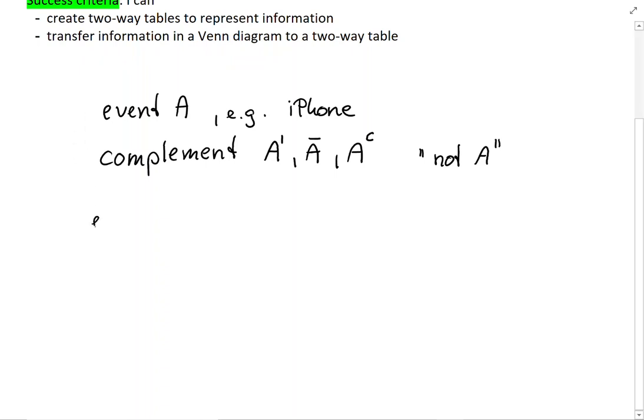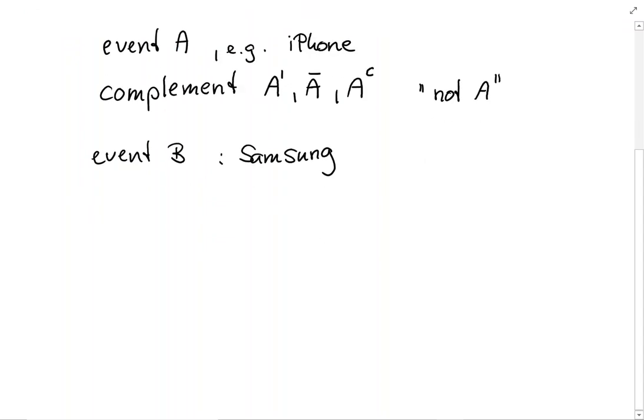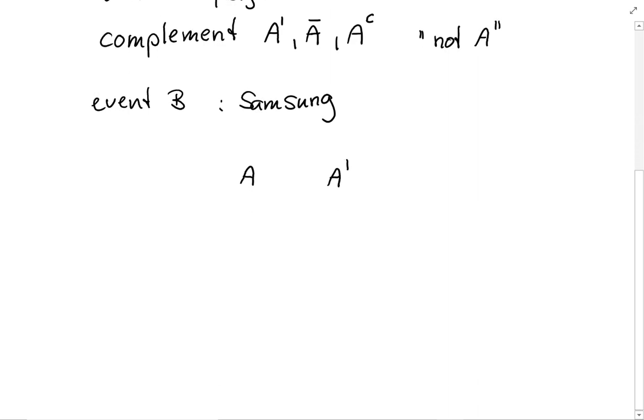Now my event A is having an iPhone and my event B is having a Samsung. And what I will now do, I will organize data in a table where you have a column for A and also a column for not A. And you have a row for B and a row for not B.